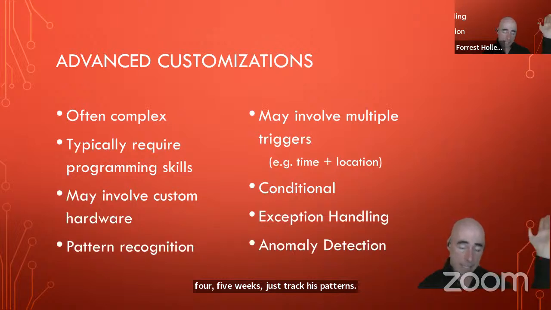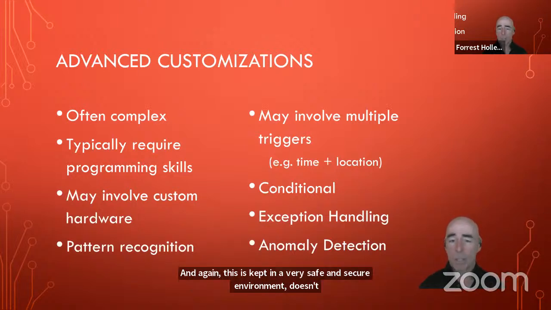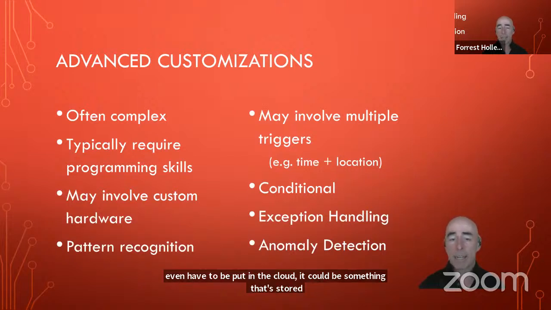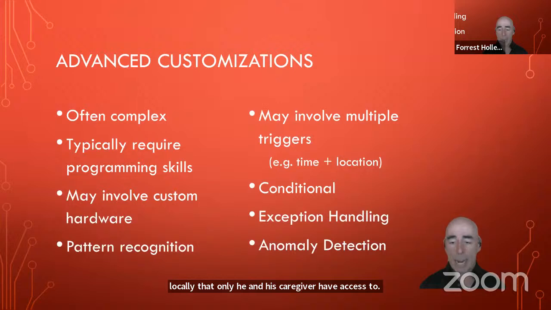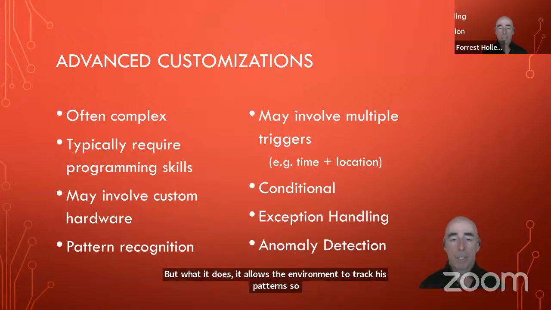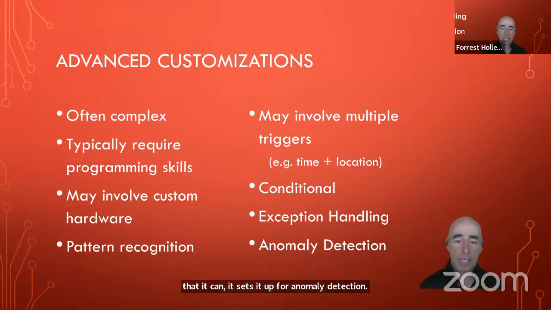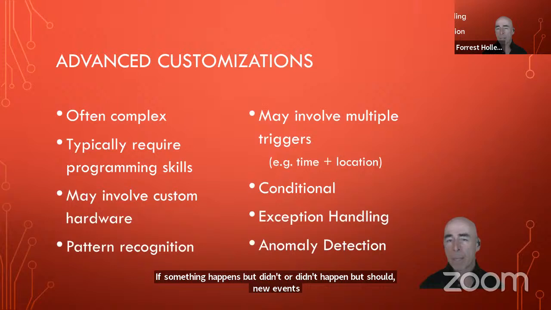It doesn't even have to be put in the cloud. It could be something that's stored locally that only he and his caregiver have access to. But what it does is it allows the environment to track his patterns so that it sets it up for anomaly detection. So if something should happen and didn't, or didn't happen and should, new events can take place, or notifications go out, messaging can go out, things of that nature.